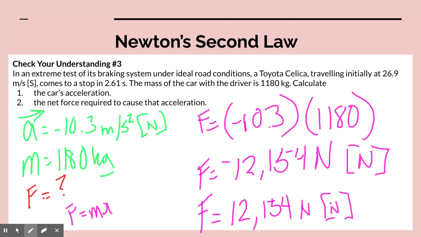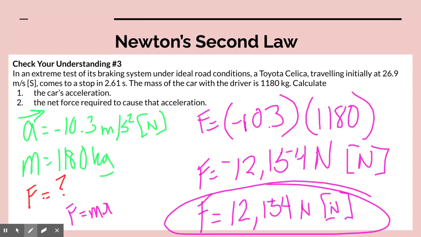We already know the acceleration is negative, that the acceleration is in the opposite direction. So we already know the direction of our force here, so we can keep it positive. And so we would have a positive force of 12,154 newtons to the northern direction. Okay.